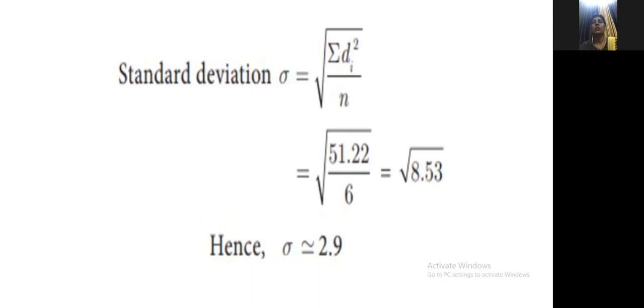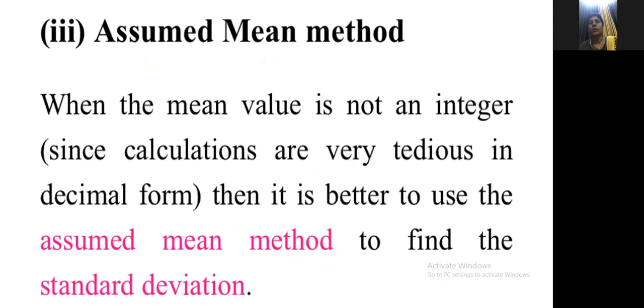So we take the square root of the division of these values, that is, under root 8.53. Hence, sigma is approximately 2.9. Sigma shows the standard deviation, so the standard deviation is approximately 2.9. This value is in decimals, so we use the word approximately.